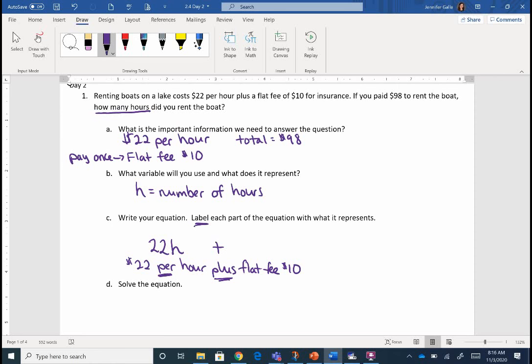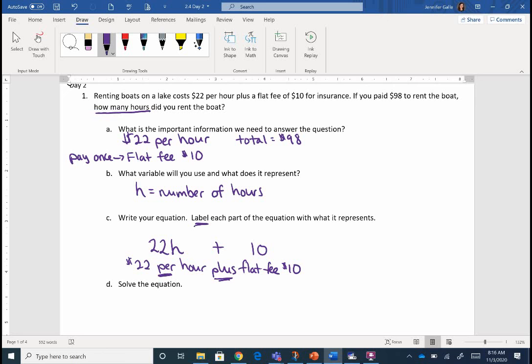And we talked earlier that that flat fee means we just do it one time. So $22 per hour, we can represent that as 22 times H. And then it says plus a flat fee of $10. So plus means we add. We know that one. You guys knew that coming into this year. And then we talked about that flat fee, meaning we just do it one time.